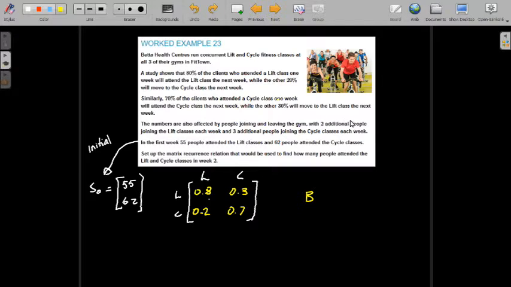So we've got 2 additional people joining the lift class each week. I'm going to make matrix B, and we've got 3 people joining the cycle class each week. Again, we've got lift and cycle.